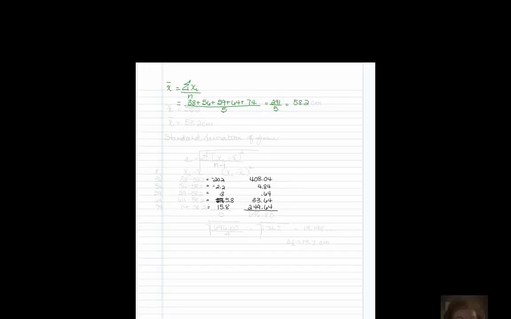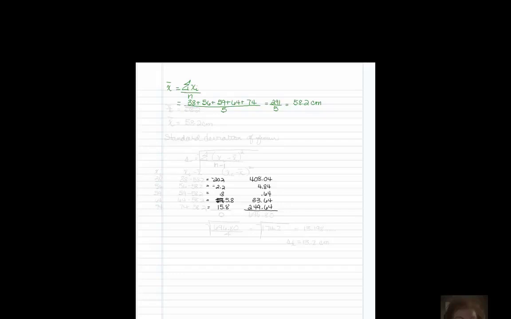Now remember, this does have units. That would be 58.2 centimeters. Remember, the rule of thumb is to take your calculated number, your statistic, out one place value further than your original data. Our data was to the nearest 1, so we'll round our mean to the nearest tenth, and this does come out exactly even.